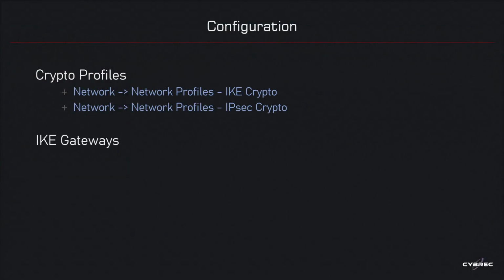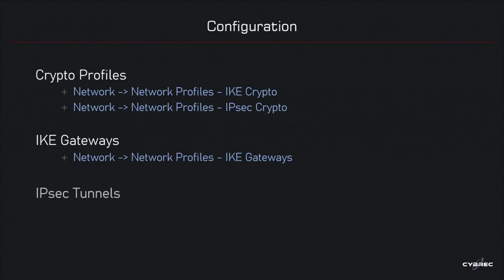Okay, another thing that we will want to configure is gateways. Well, at least one gateway for our peer. So a gateway is what is going to represent our IPsec peer on the firewall. This is where we will configure its IP address, attach our profiles, and this way also control negotiation.